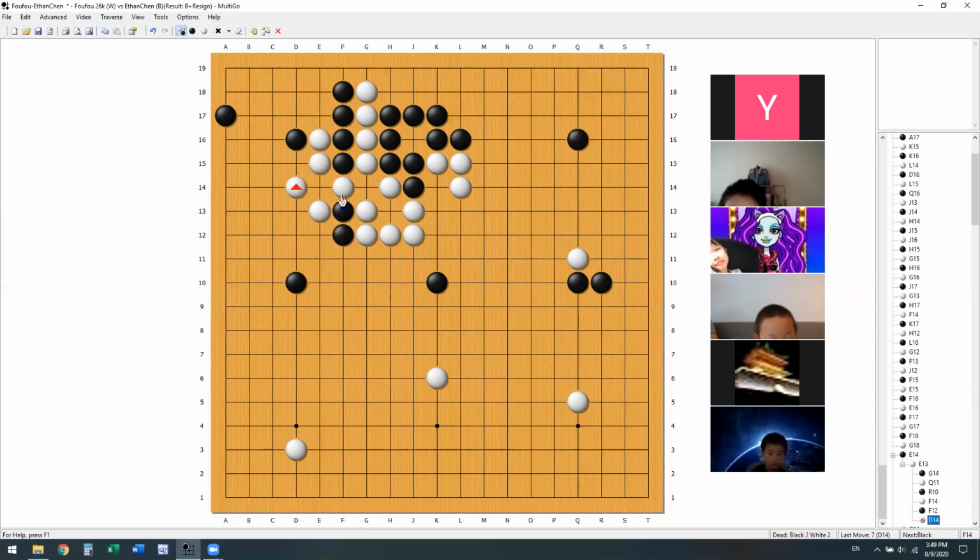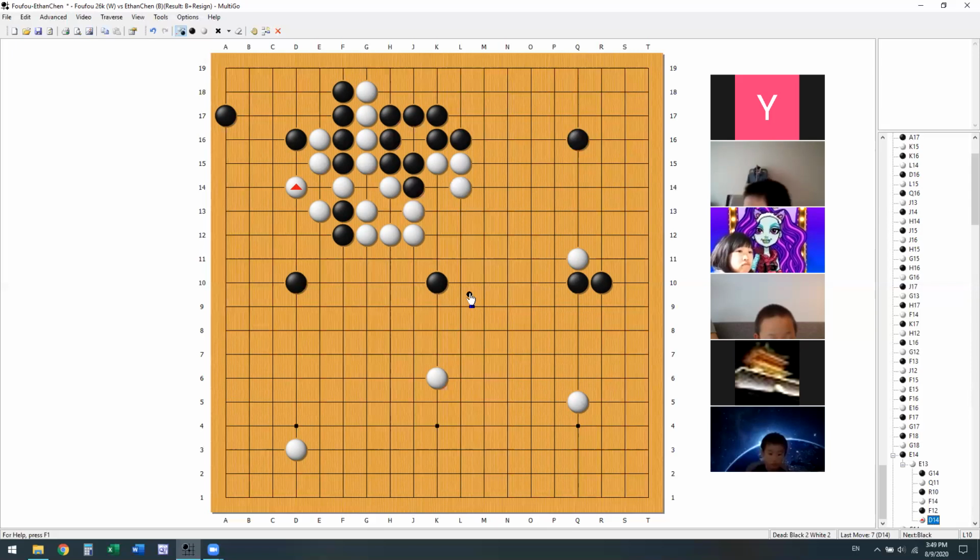He can capture the white stone. So that will become a ko. So what I'm saying is, you guys should pay more attention to a potential ko. If you do this, then your level is promoted. You will be a more advanced player.